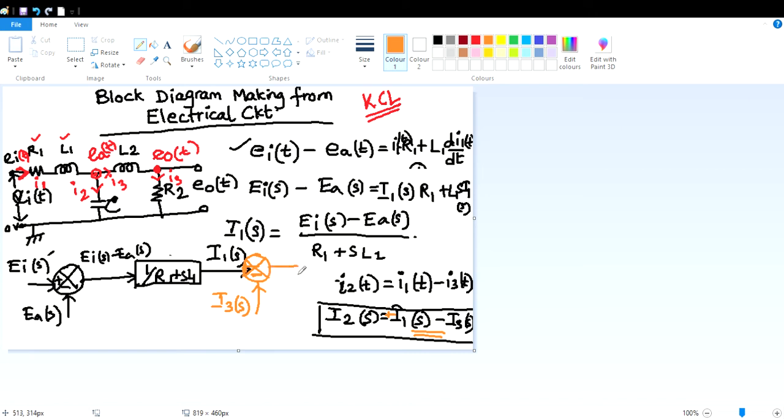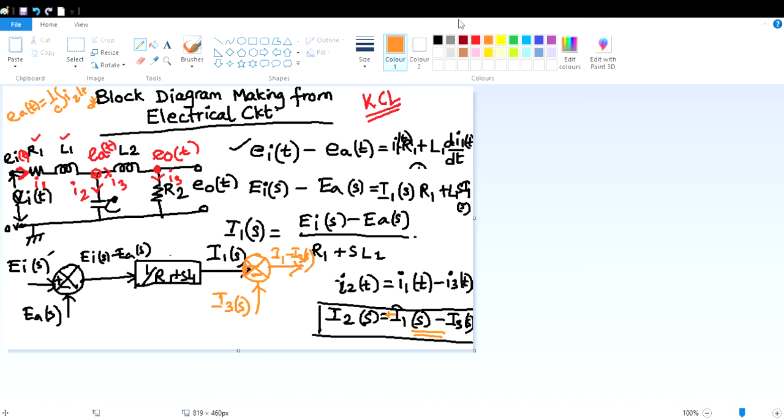Here I1 minus I3 is coming. Now, if you remember the third equation, we wrote that EA(t) is equal to 1 by C integration of I2(t) dt.